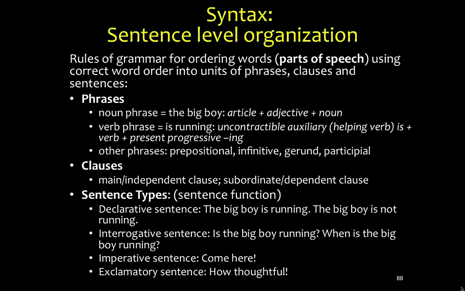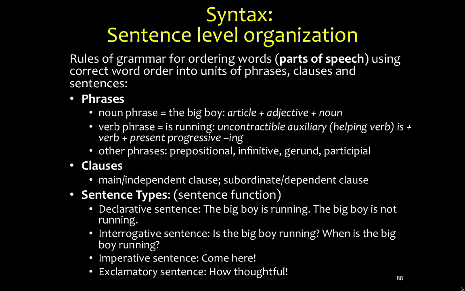So, phrases include noun phrases, verb phrases, and others such as prepositional phrases, infinitive, gerund, and participial phrases. Don't worry, we'll be describing and defining these later in the class.